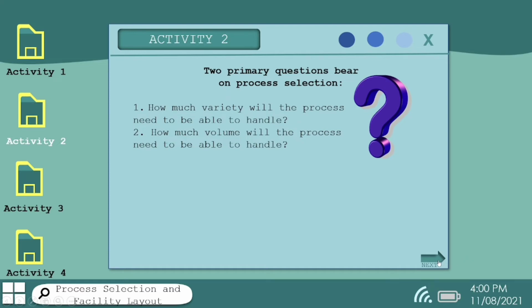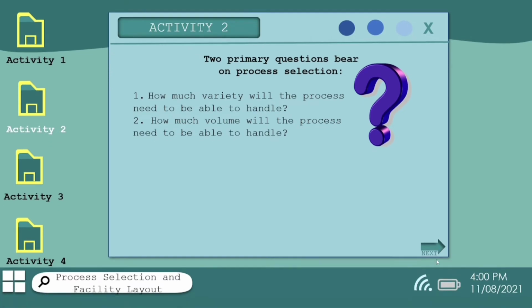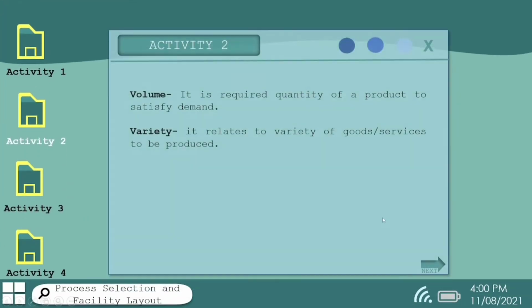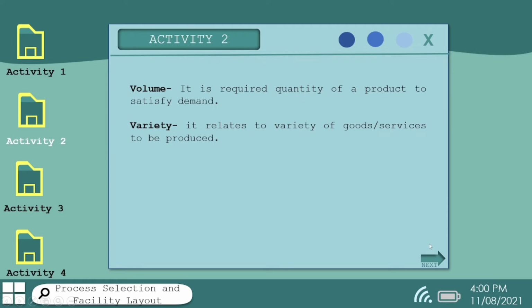But before that, let's define what is variety and volume. So when we say volume, it is the required quantity of a product to satisfy. Ang ibig sabihin lang kung gaano kadami ang iproproduce at kung gaano kadalas ito i-produce. So ang tinutukoy natin dito is the product.